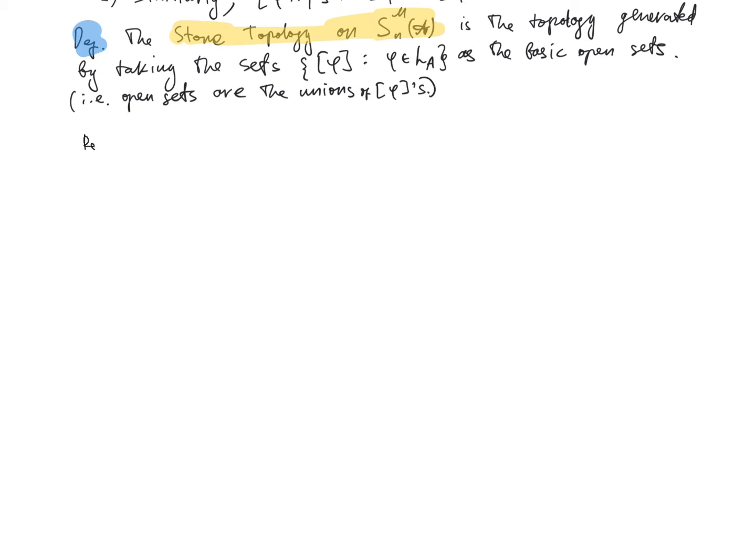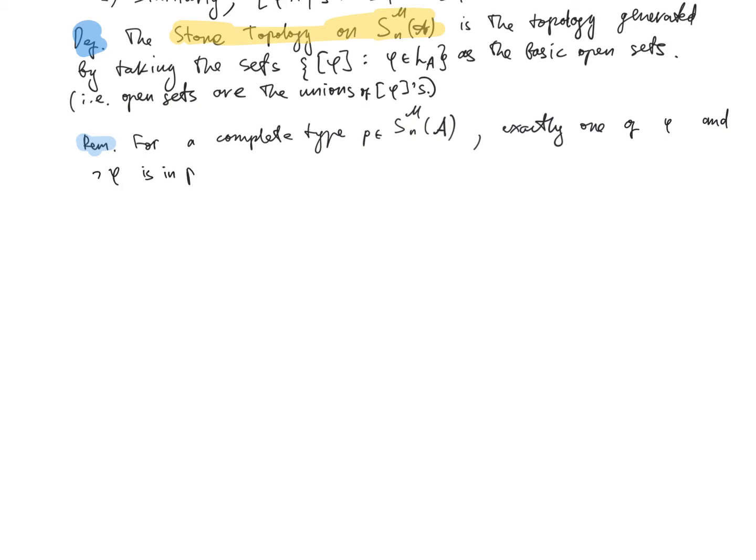Remark: for a complete type p, an n-type over A, exactly one of phi and not phi is in p, because it has to be consistent, so it cannot contain both. By completeness, it contains at least one of them.